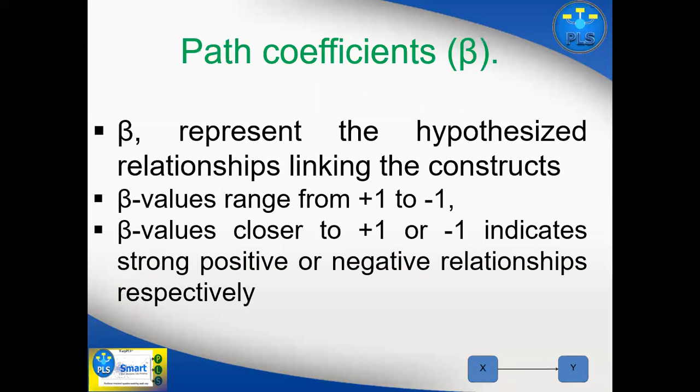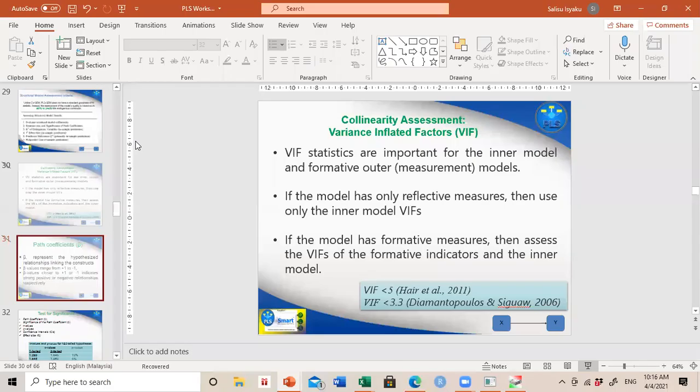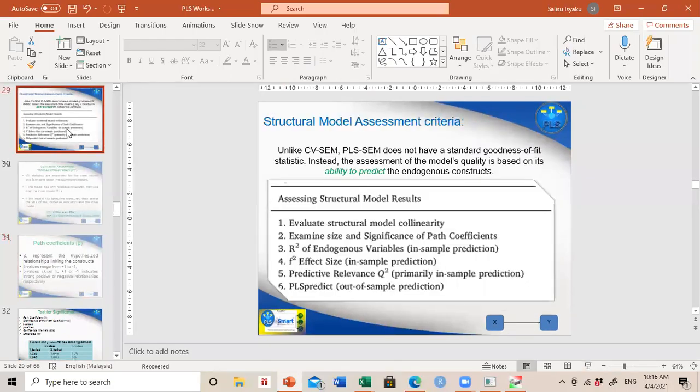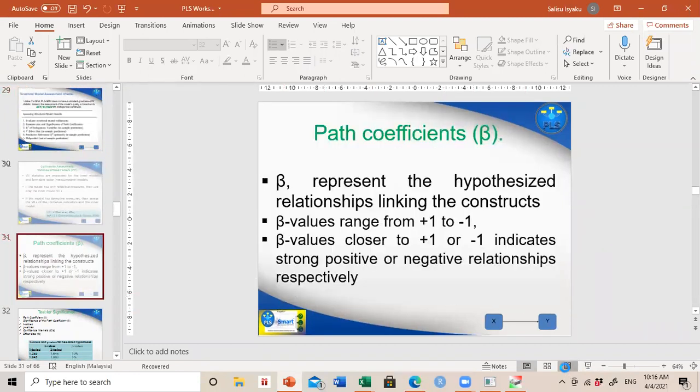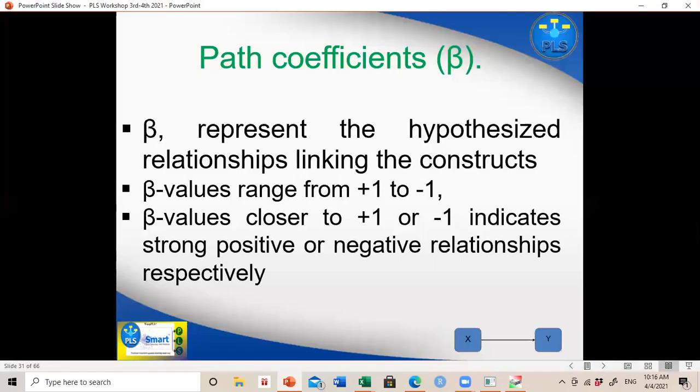So then the next is the size and significance of path coefficient. Okay, what is path coefficient? The path coefficient, I told you, is the numbers that you see between X and Y when you run your PLS algorithm. It should be your hypothesized relationship.